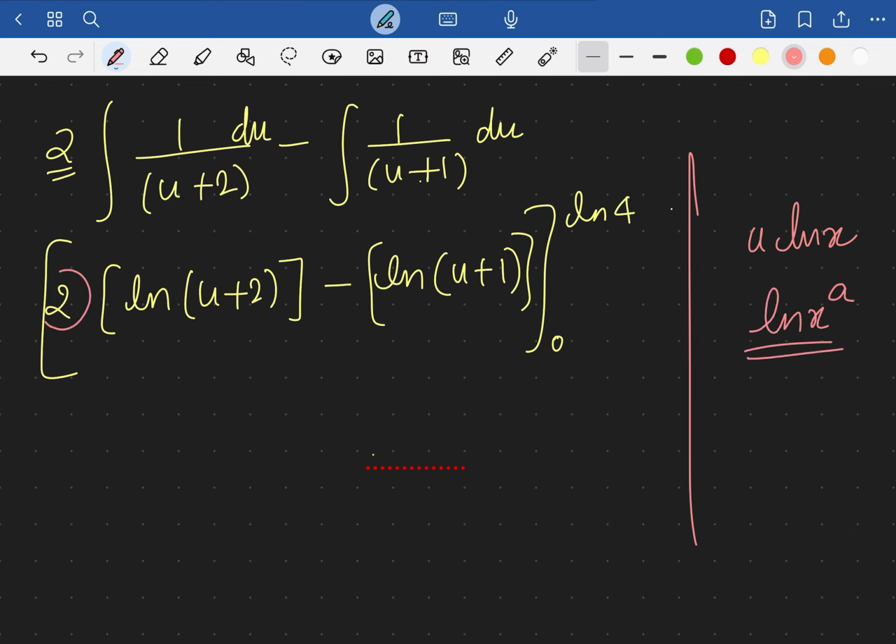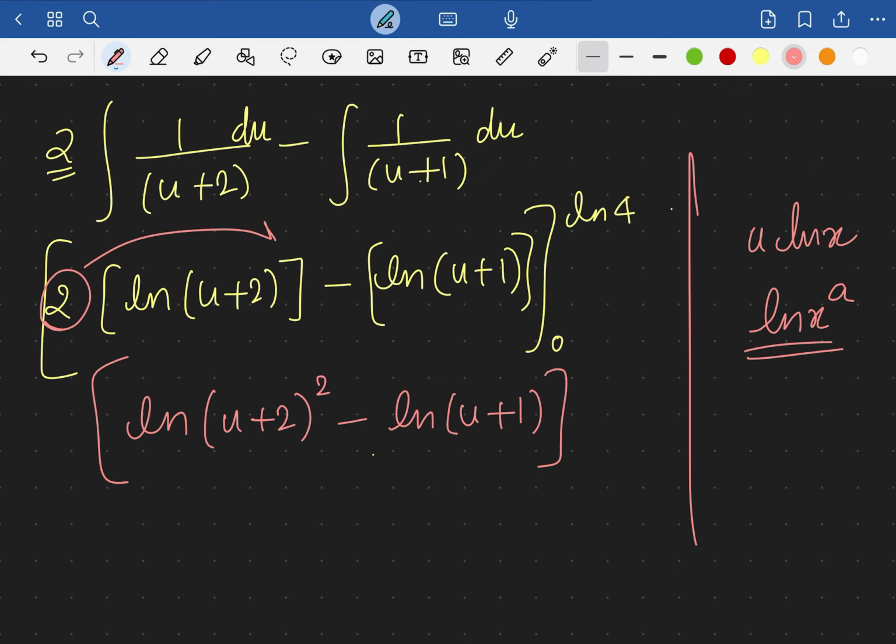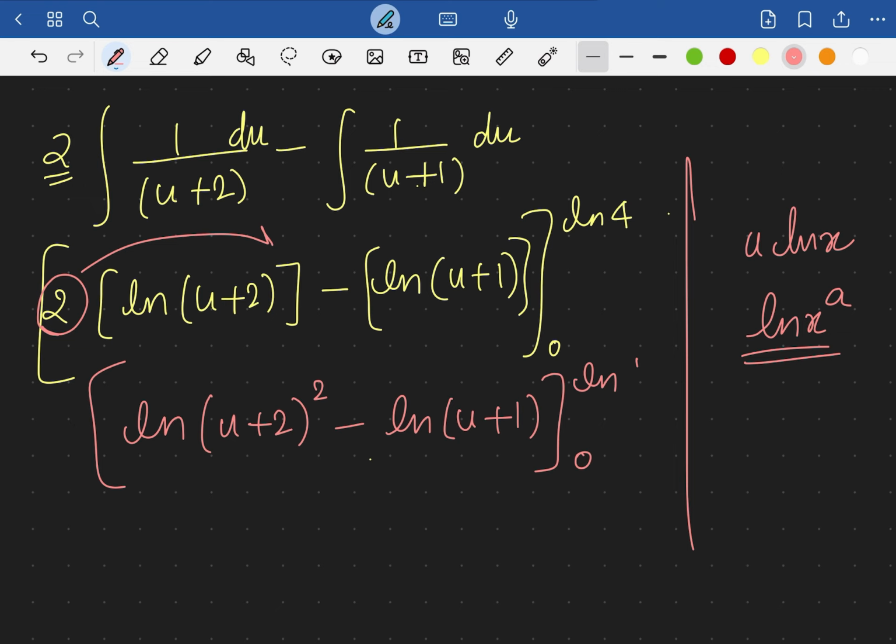So this we can take to the power. Hence I'll write this as ln(u+2) whole square minus ln(u+1), all this from limit 0 to ln 4.